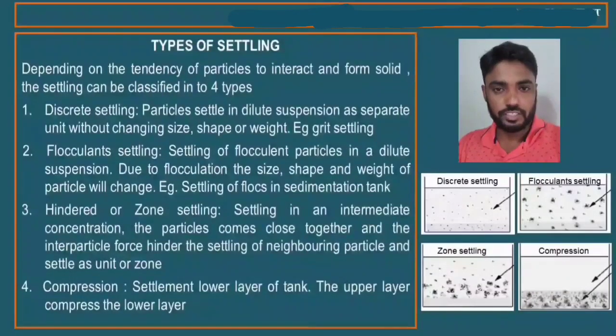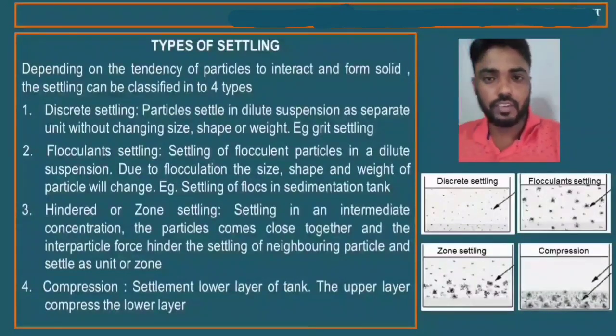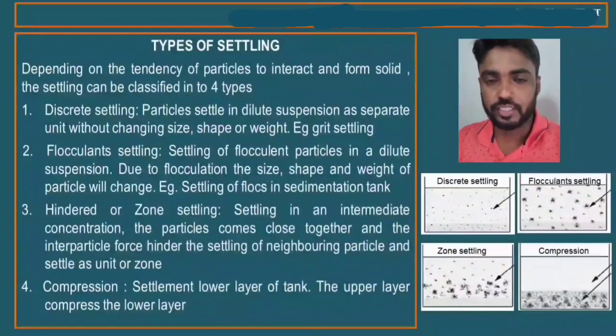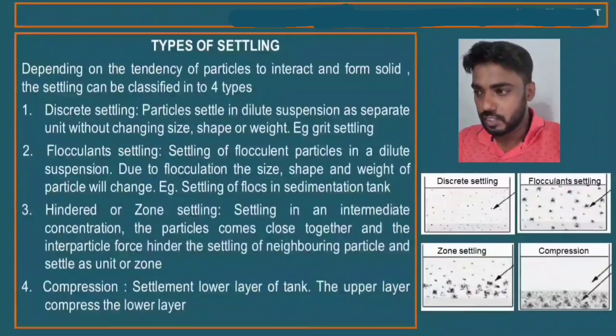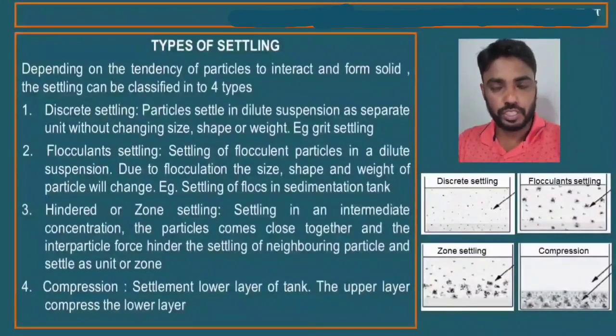And here in this slide we can see the different types of settling. Depending upon the tendency of particles to interact and form solids, the settling can be classified into discrete settling, flocculant settling, hindered or zone settling, and compression settling.